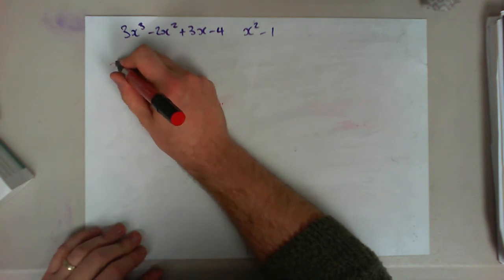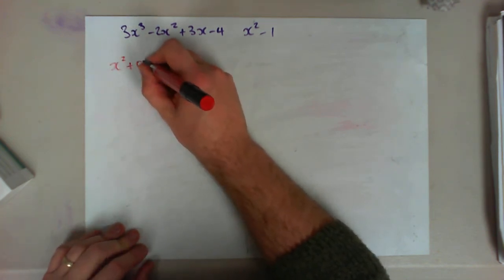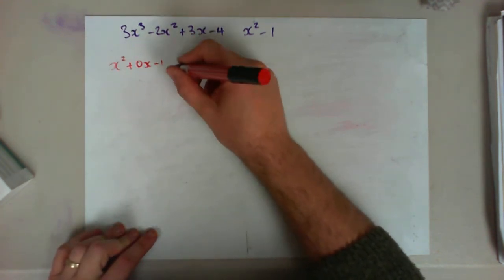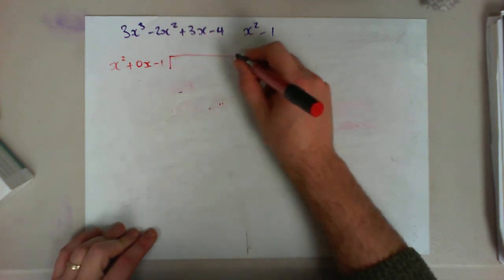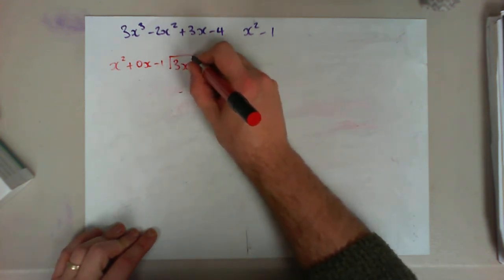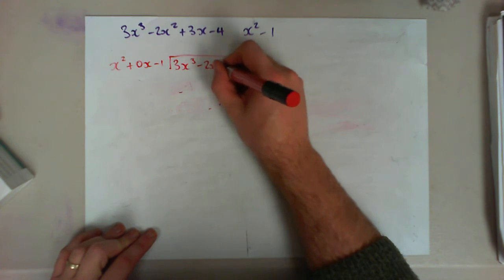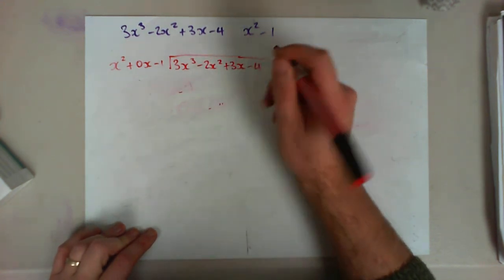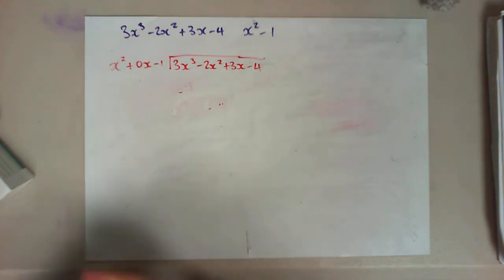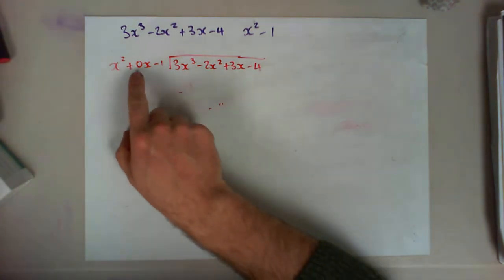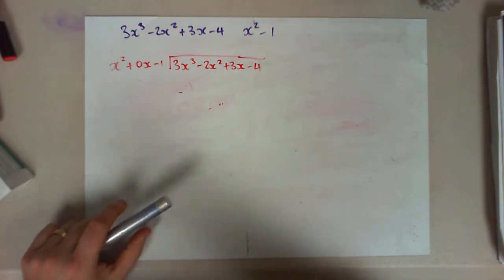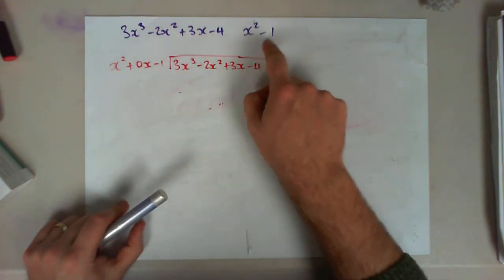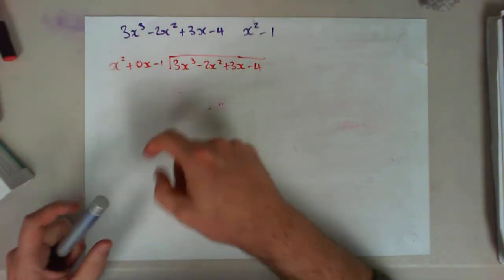So we say x squared plus 0x take 1 goes into 3x cubed take 2x squared plus 3x take 4. That's our question. Notice that it doesn't matter where we're missing a term, whether it's in here or in here, we need to put it in with a 0 coefficient.